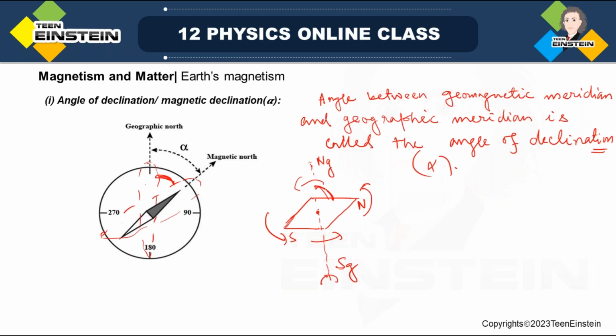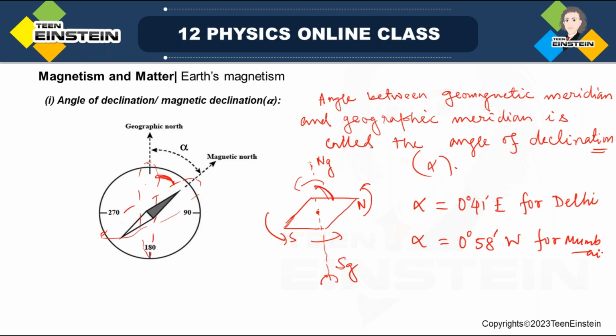In India the value of alpha is very small actually. Alpha equals 0 degree 41 minute east for Delhi, and alpha equals 0 degree 58 minute west for Mumbai.